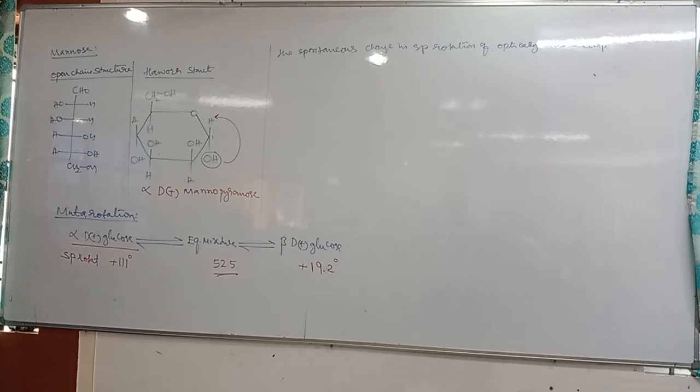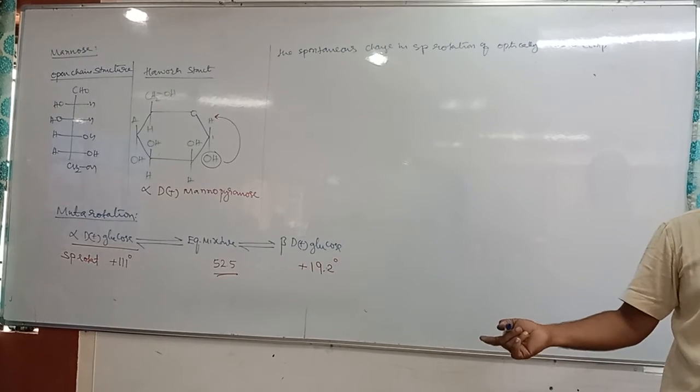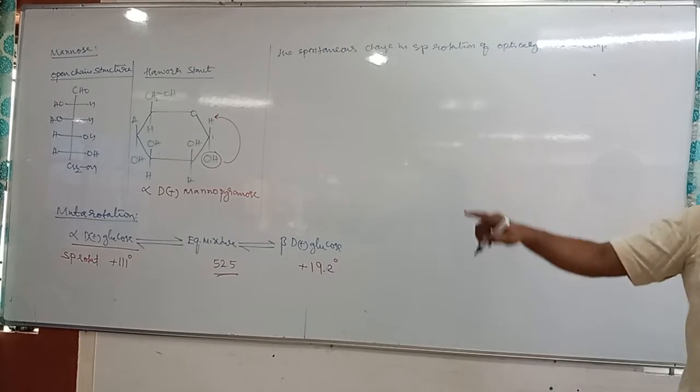Then how do we identify which can show mutarotation and which cannot? If any carbohydrate has an alpha form and a beta form, how do you distinguish alpha and beta? It is by rotation only. The rotation of alpha glucose is different, the rotation of beta is different. Alpha converts into beta, beta converts into alpha.